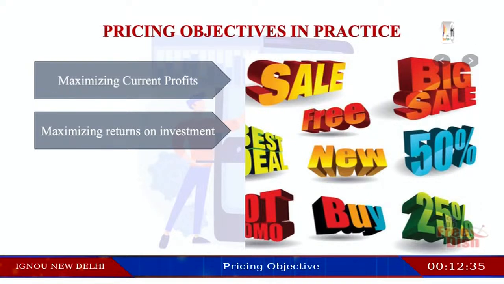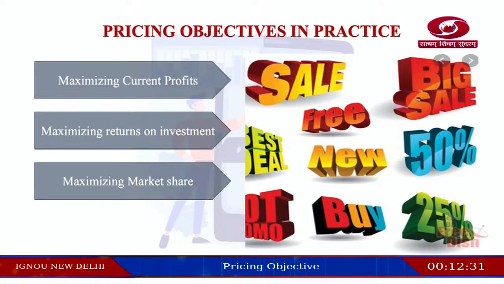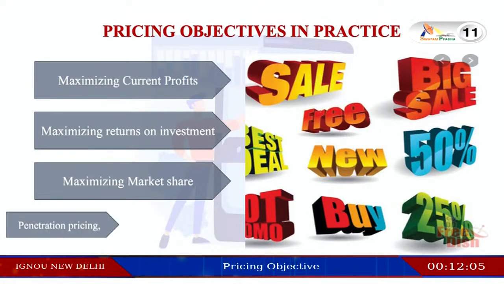An objective slightly diametrically opposite to that is maximizing market share. You're not looking at your current profits, you're not looking at maximizing returns at a point in time. You are looking at having the maximum number of people coming and buying your product. That means when companies come in with a new product, they have a very, very small price point so that they can penetrate an existing market.